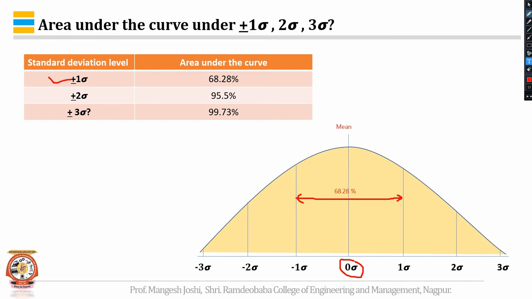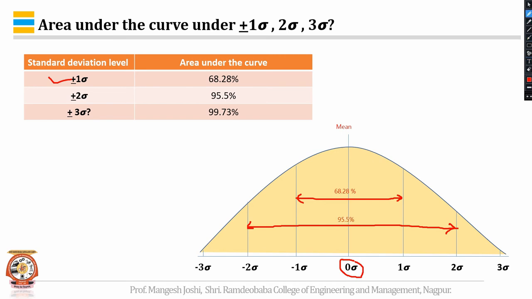If you take plus minus 2 sigma level, you will see that it will cover around 95% of the population. 95.5% of the population will come under 2 sigma level.